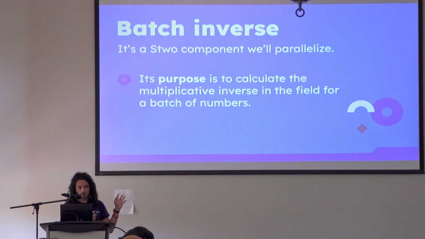So batch inverse is an algorithm with the objective of inverting a bunch of field elements. That's all. You have a very big list of field elements, and you want their multiplicative inverse. Easy as that.